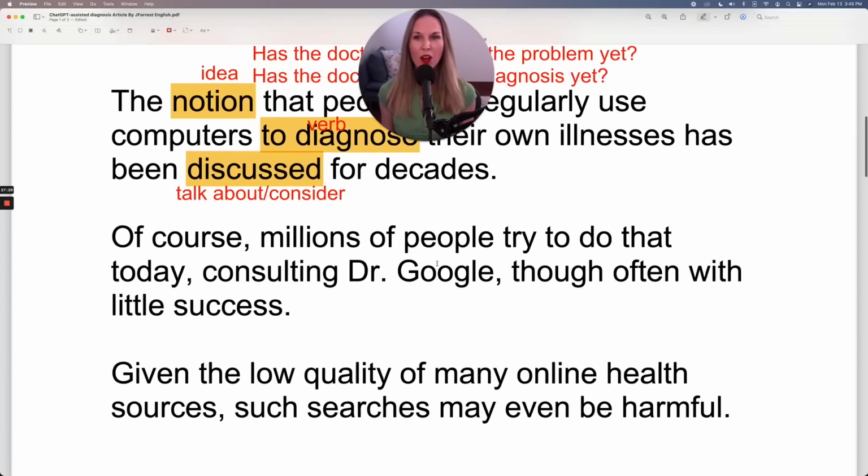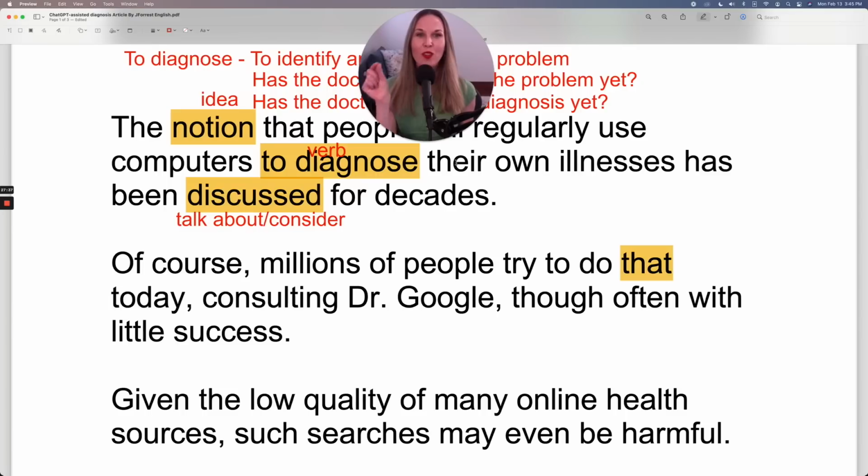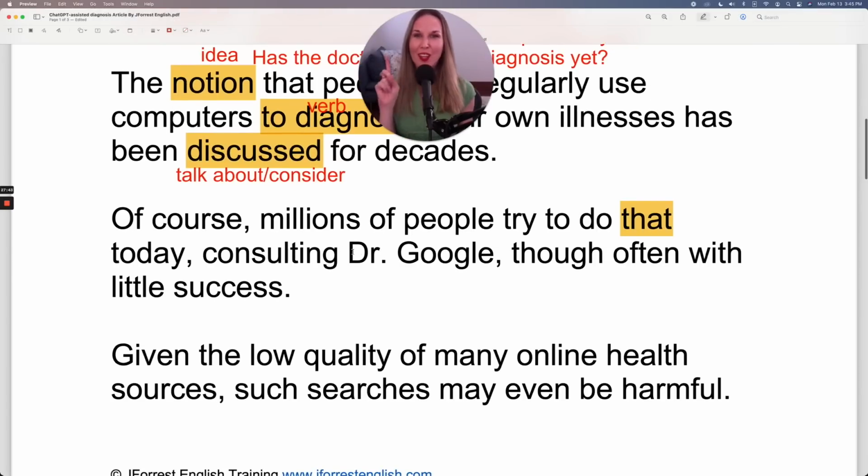Let's continue on. Of course, millions of people try to do that today. In this case, that means diagnosing their own illnesses. I'm sure you've tried to do that, right? Consulting Dr. Google. So you might have a fever and a sore throat. So you type in Google to try to diagnose, to try to understand what's wrong with you.